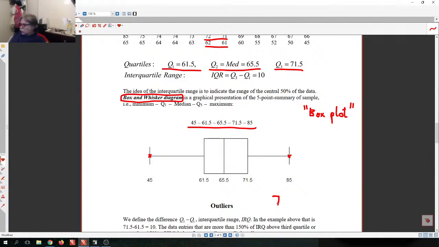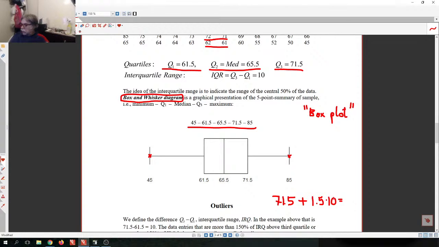So you're gonna say 71.5. That's the quartile 3 plus 150% of the interquartile range. So you're going to multiply the interquartile range by 1.5. Now in this particular case, that's 10. Okay? Now you find out what this is.